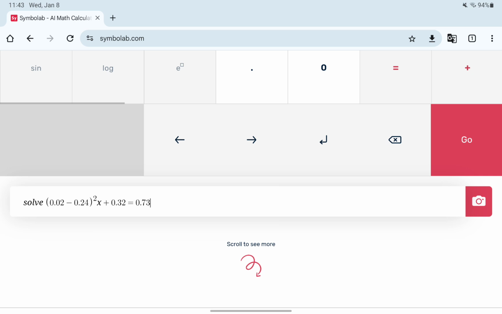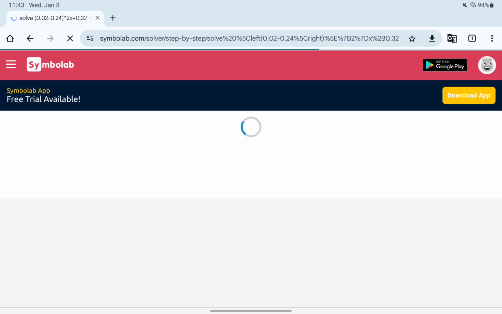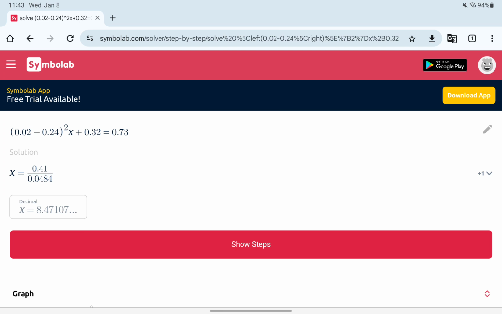Once we've typed in our equation with that command at the beginning, then we can go ahead and evaluate this, or solve this. It's going to give us our solution in two different forms. First as a decimal divided by a decimal, but then as a simplified decimal answer, 8.47107, with those dots indicating that this decimal continues to go on. What we'll do is take that value and round it to 4 decimal places.